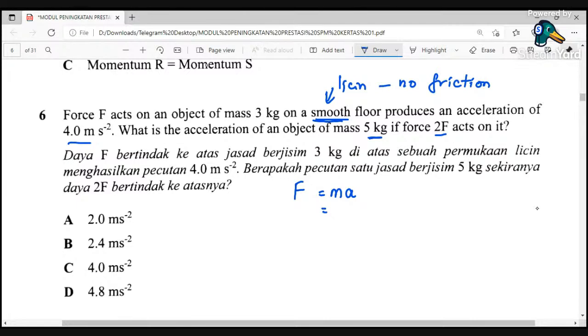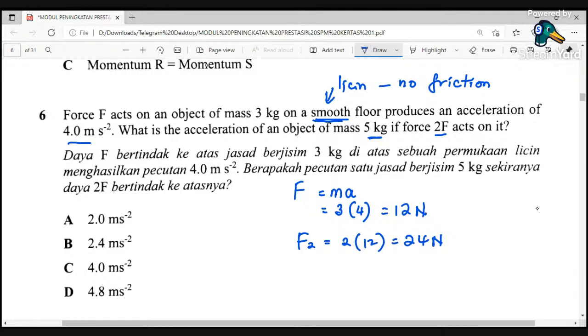We want to find a. 12 Newton. So the new force, 2F, 2 times 12 means 24 Newton, double.